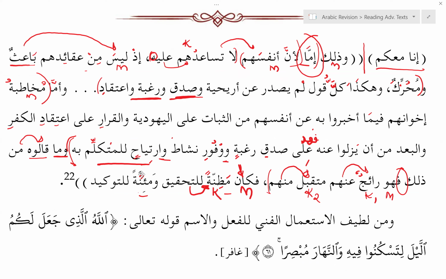So this is how they are playing around. For example, for amma yatima, according to their construction, it should be amma yatimu. Then wala taqharhu, there should be a hu here going back to the yatim. So this is the structure they are following. That is why I got confused.